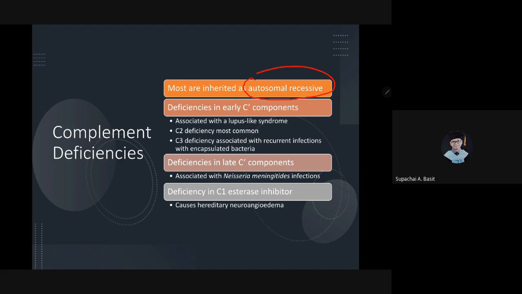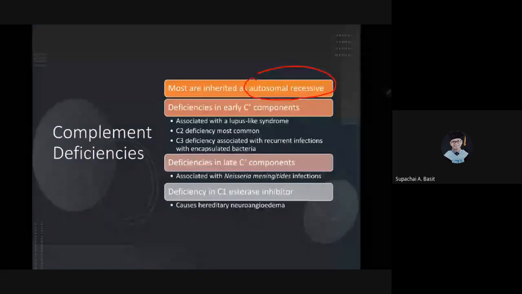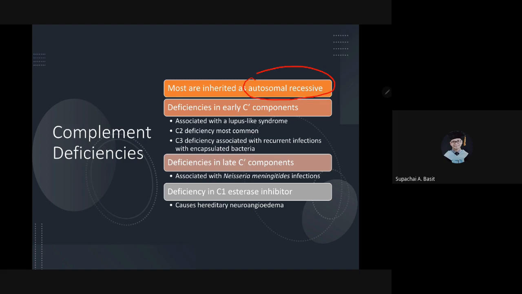C2 deficiency is the most common example of complement deficiency, though C3 is the most abundant complement. If C3 is defective, it would be associated with recurrent infections, particularly with encapsulated bacteria, such as Neisseria meningitidis, which is an example of an encapsulated bacterium.